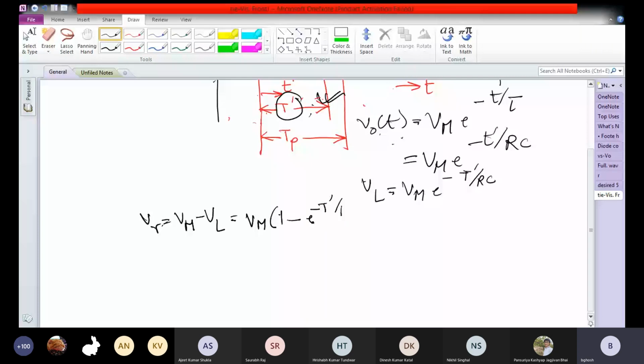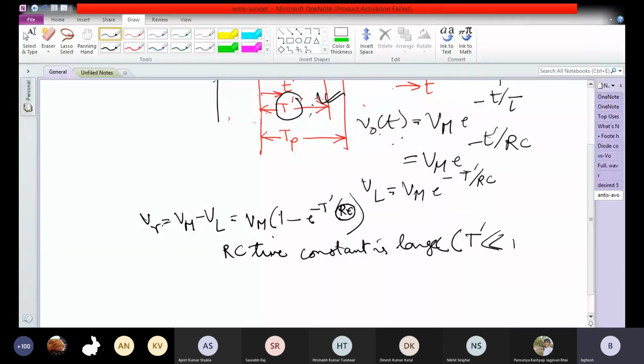Now I told you that the RC time constant is designed to be very large. So if the RC time constant is very large, that is T prime is very much less than RC.